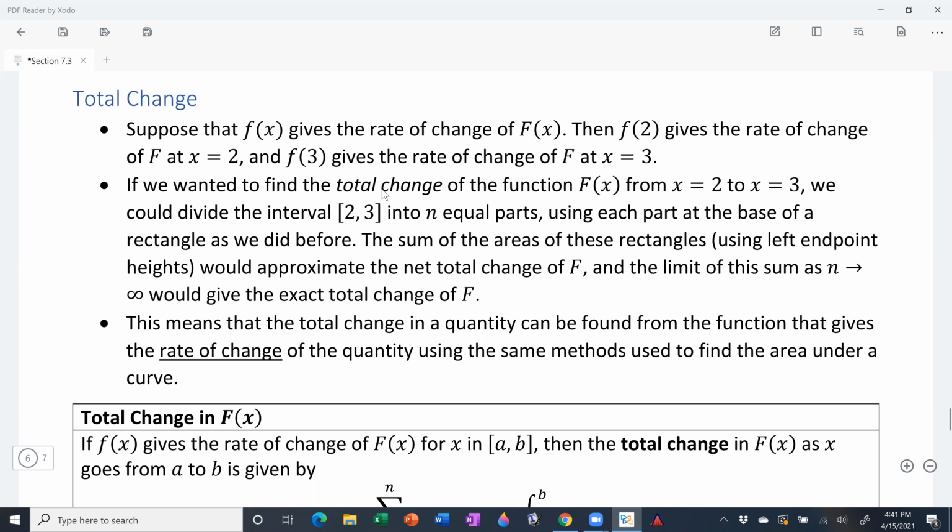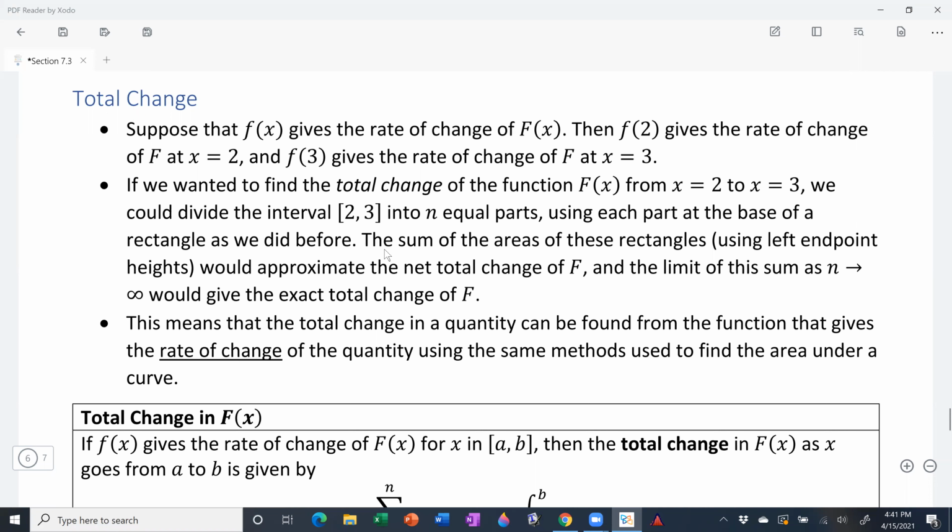If we wanted to find the total change rather than just the rate of change at a moment for the function capital F of x over the interval 2 to 3, we could divide the interval into n equal parts, using each part as the base of a rectangle as we did before.